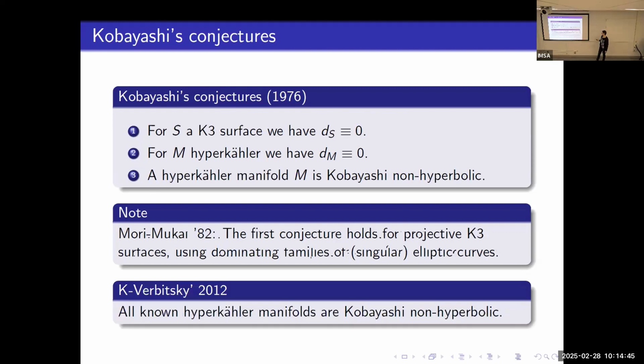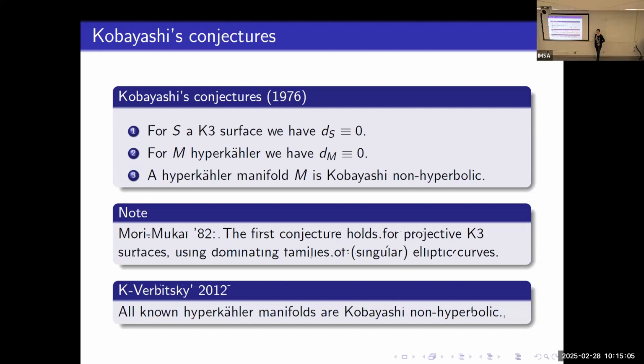Then there was a gap in the progress, and in 2012, Misha Verbitsky and I proved that every known hyperkahler manifold is Kobayashi non-hyperbolic.